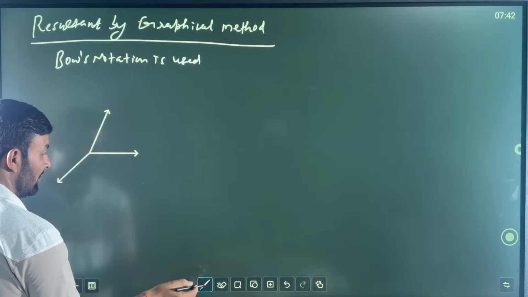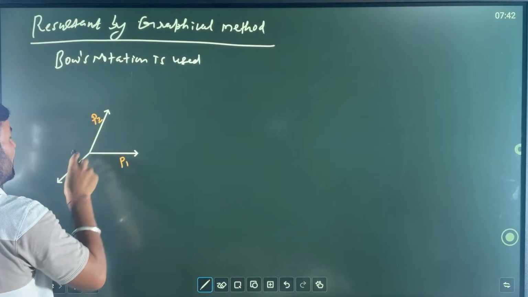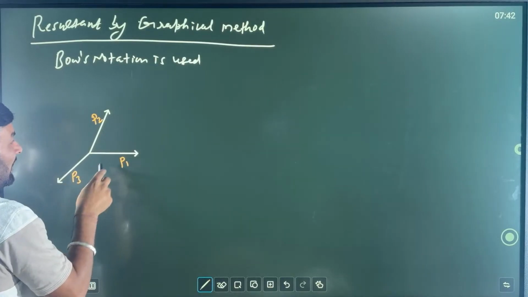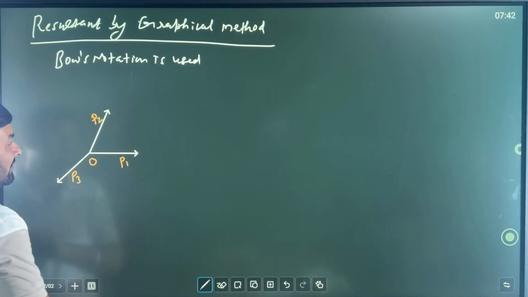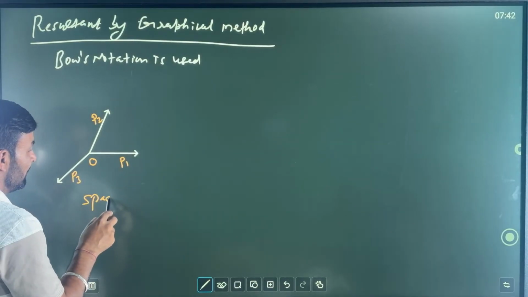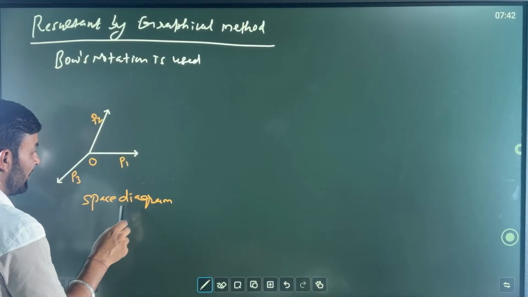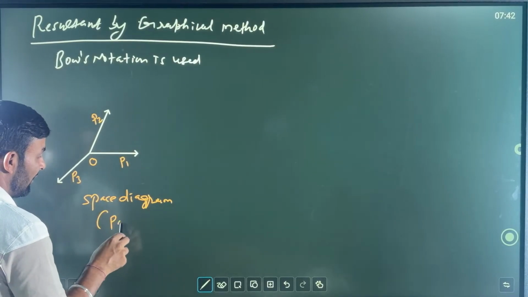Now important. So this is, let us put P1, this is P2, this is P3, my dear friends, okay. Acting at a point of, my dear friends. Be careful, okay. So this is what, space diagram or position diagram, my dear friends. Space diagram or position diagram.